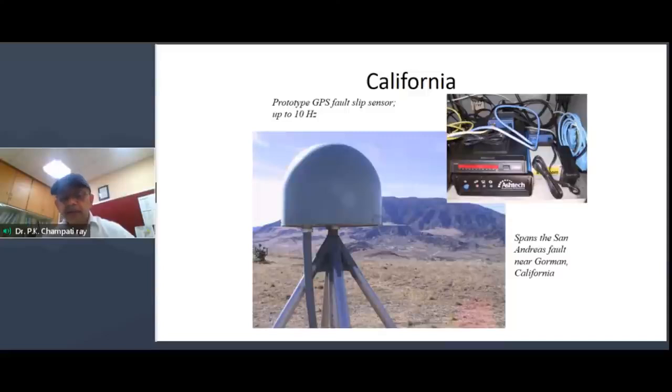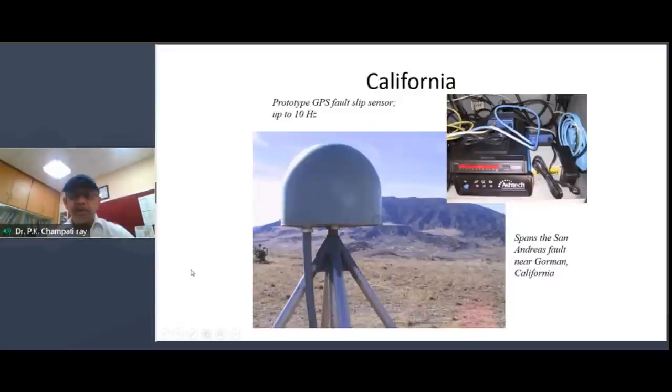The crustal part is moving, and it's very important to monitor that. People are using the GNSS system, the American GPS, to monitor such movements. This is one application they have been doing in real time for earthquake monitoring in California, which is in the western part of the US and very prone to earthquake hazard.